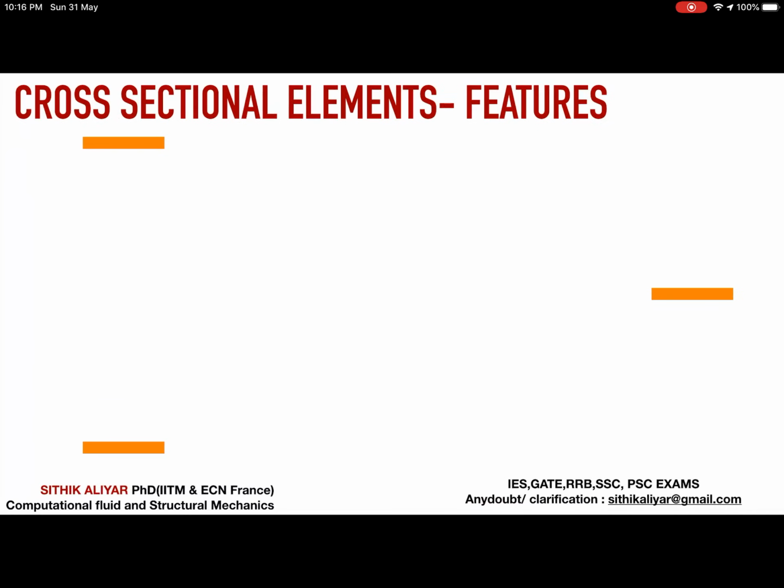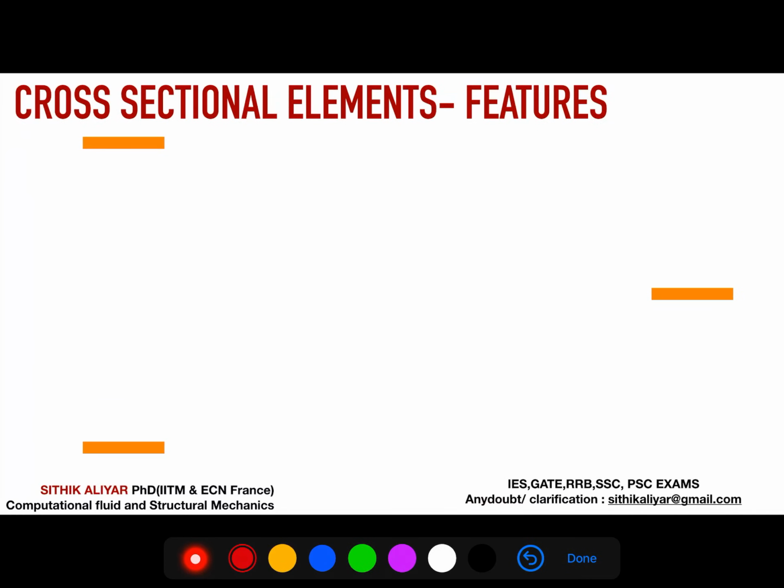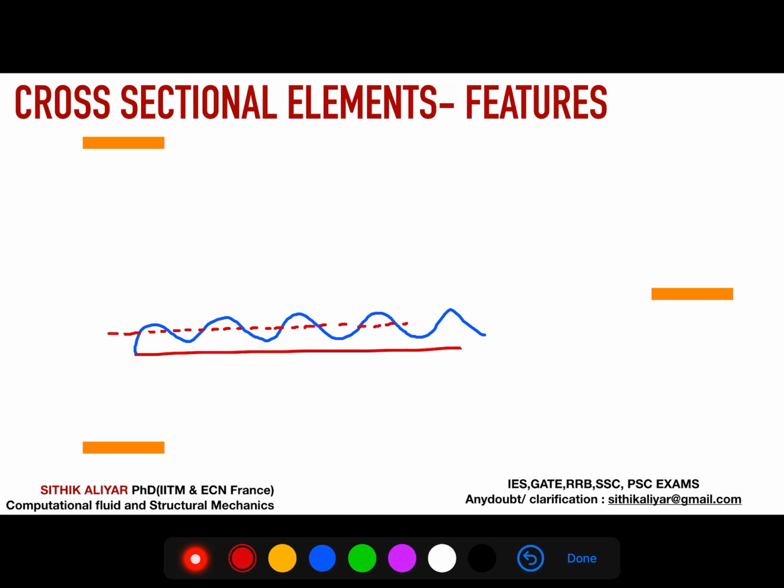Oh, I missed the figure. So consider a 1 kilometer road again. It won't be this bumpy, I have drawn it so that you people can visualize. Consider this is the average line, this is how the road should be, right?